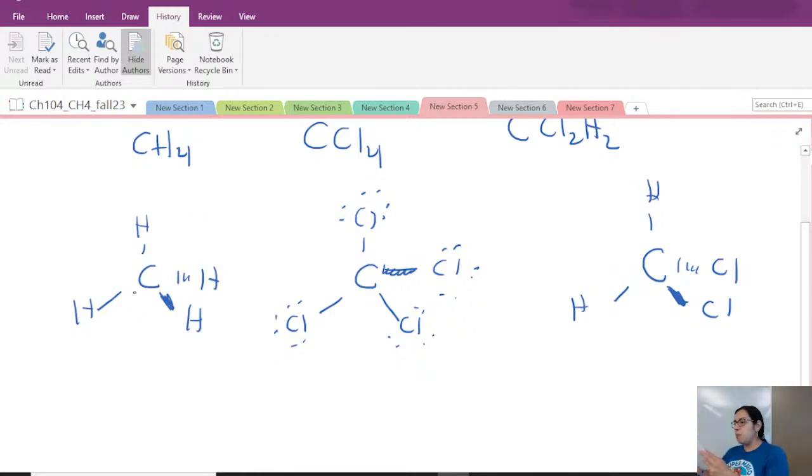And what kind of helps us, if we go back to this chart, is that you're also looking for whether it's the first one in whatever group it's in. If it's the first one, and it has all the same substituents on all the sides, that's usually a good indication that it's symmetric. So again, we're looking at this tetrahedral structure, and it's going out the same in all directions. So it is nonpolar.